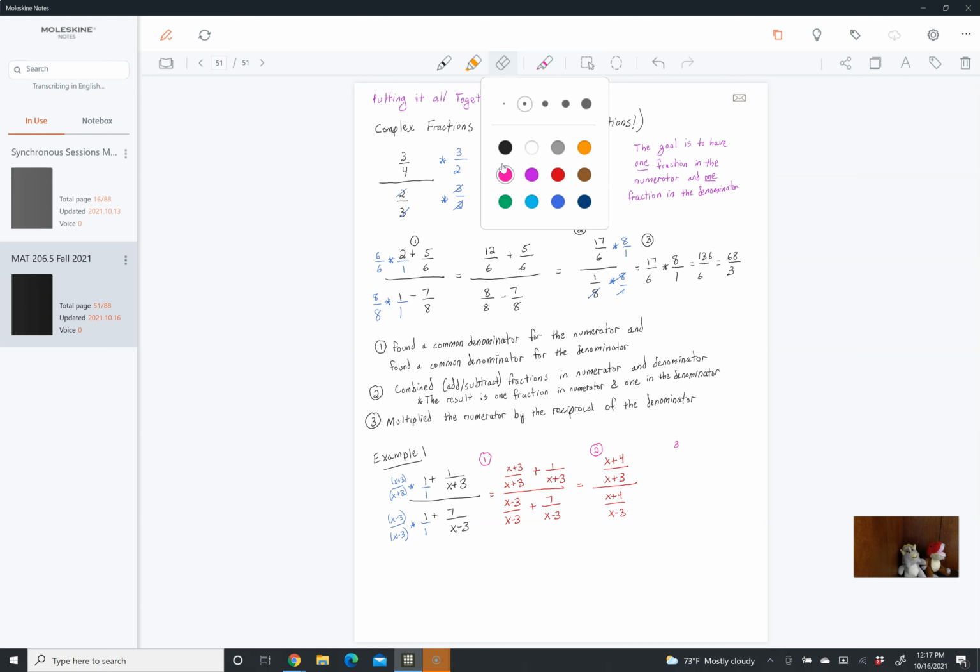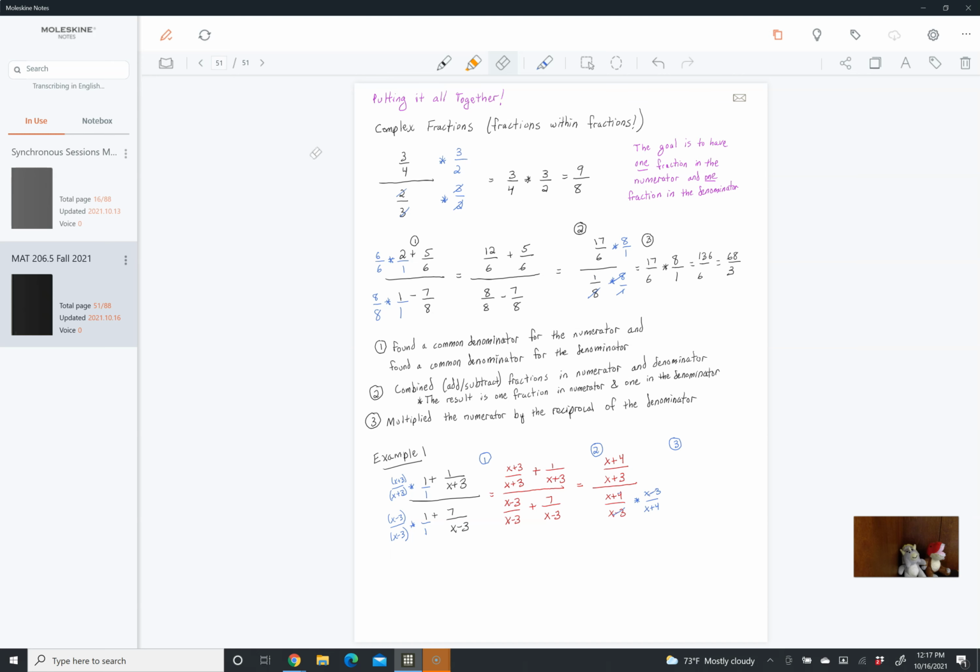And now our next step is going to be our step 3. And what that is, is taking the top and the bottom and multiplying by the reciprocal of the bottom.